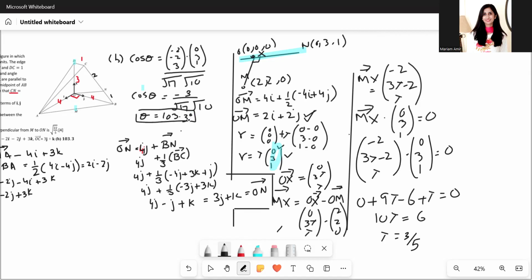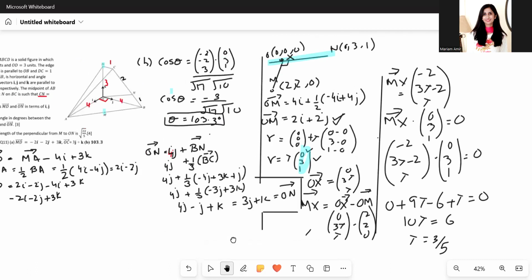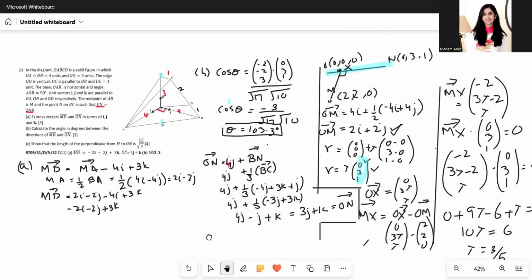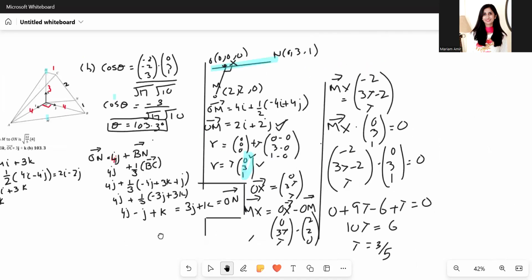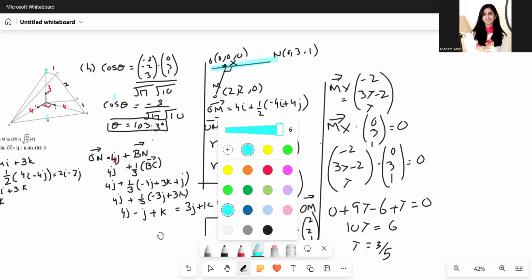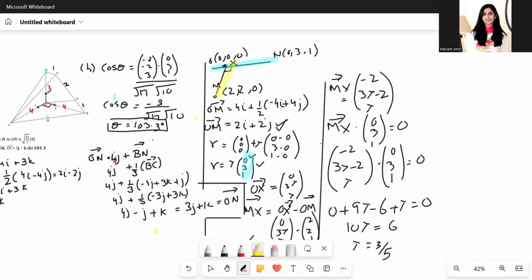Okay. And we had to find the length of perpendicular. Show that the length of perpendicular from M to ON is equal to this. All right. So that means we need to find the length of this OX. And we already have the expression for OX, which is this. So now replace the lambda with 3 by 5 and then find its magnitude.